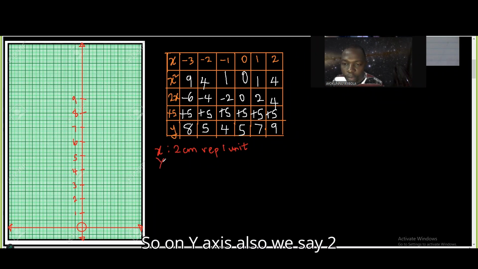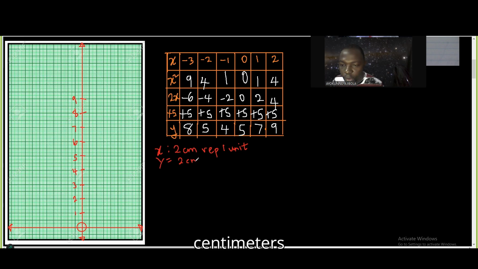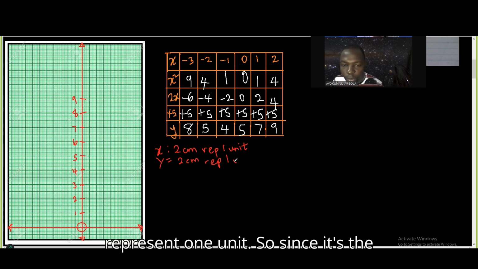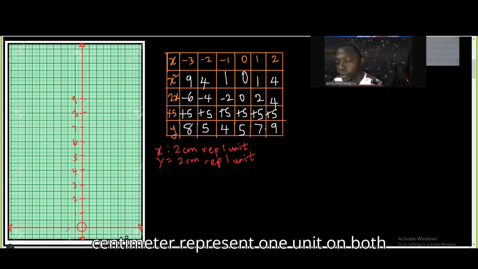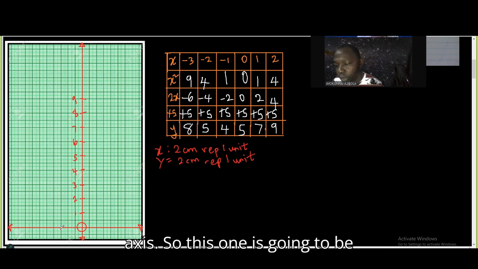So on y-axis also we say 2 centimeters represent 1 unit. So since it's the same thing, we could just say 2 centimeters represent 1 unit on both axes.